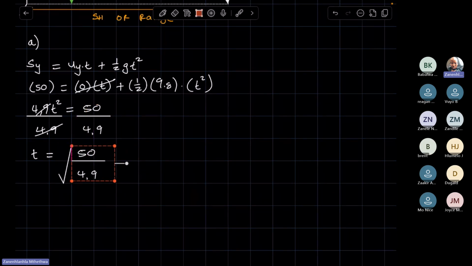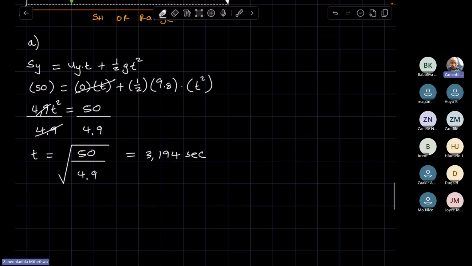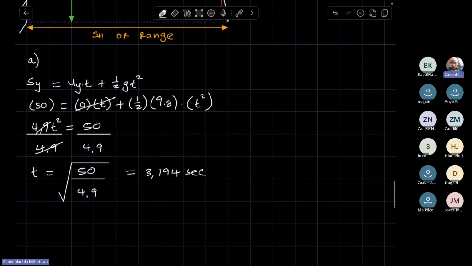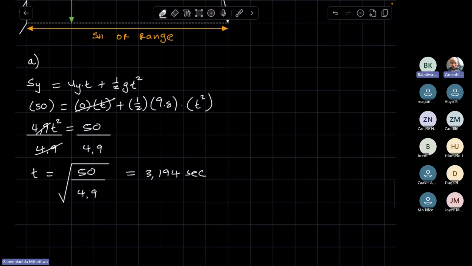So the square root of 50 over 4.9 is 3.194 seconds. Right, so again, the same thing.